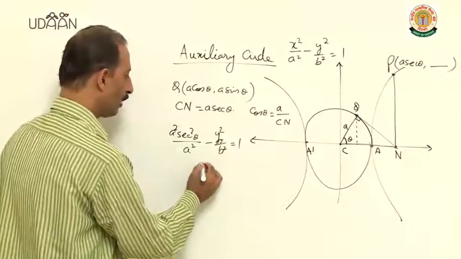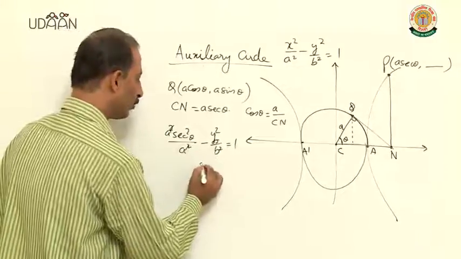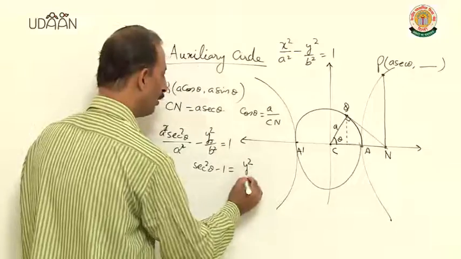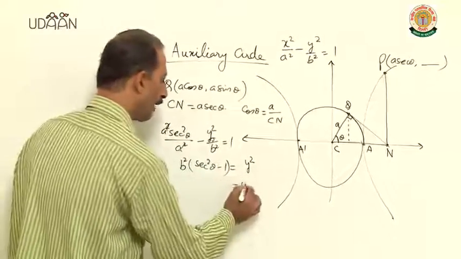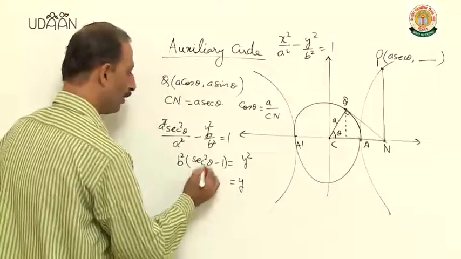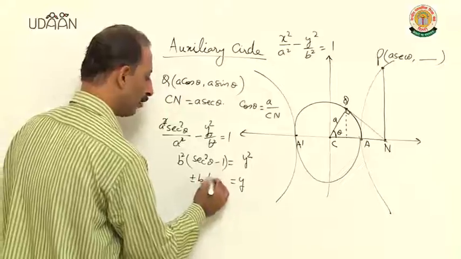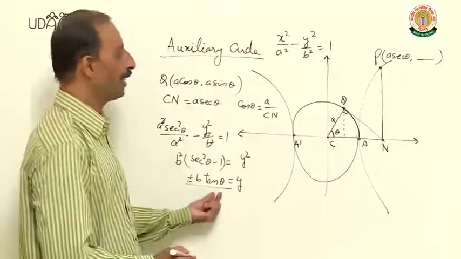So a square cancels with this. Sec square theta minus 1 equals y square upon b square. Multiply b square to this side. So the value of y you will get is plus minus b times the square root of sec square theta minus 1, which you already know is tan square theta. Its square root is tan theta. So the value of y is plus minus b tan theta.